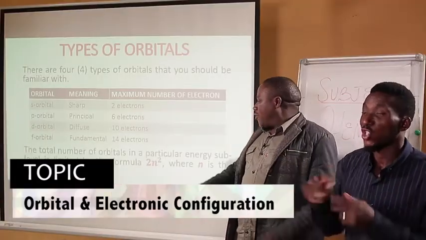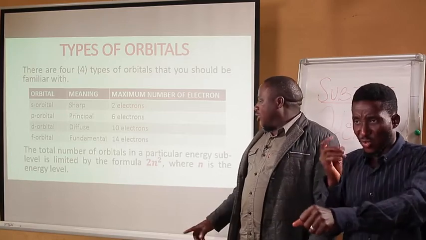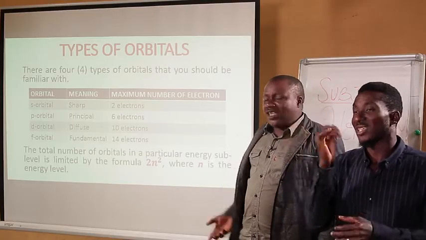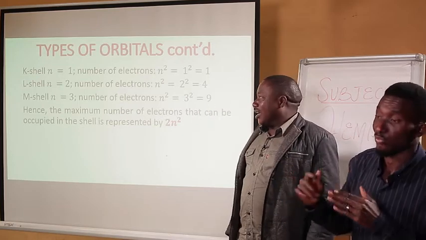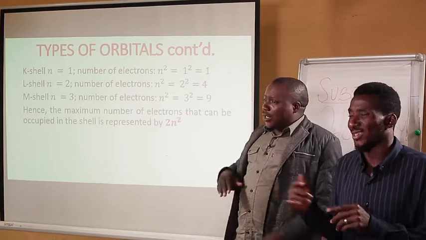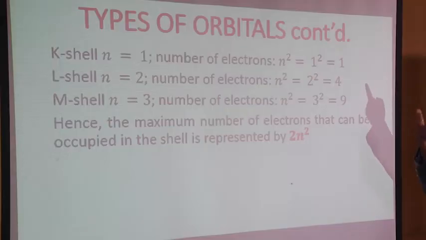Now, the total number of electrons in a particular energy level is limited by the formula 2n squared, where n is a variable. It could be 1, 2, 3, up to infinity. We use that to determine the number of electrons that each and every element can carry. Now, when we are talking about how to write electronic configuration, the K shell is represented by the letter small n.